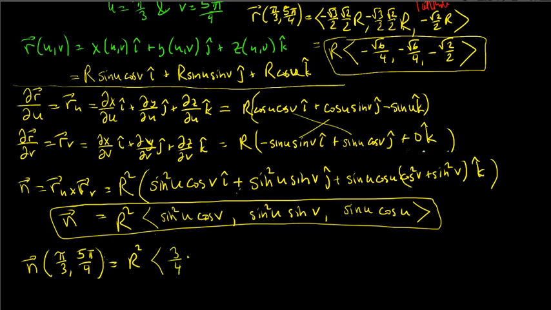Cosine of 5 pi over 4 is, again, negative square root of 2 over 2. Right? And then sine squared of pi over 3, that's 3/4 again. Sine of 5 pi over 4 is also negative square root of 2 over 2. And then sine of u is square root of 3 over 2. Cosine of pi over 3 is 1/2, right? So times 1/2, no comma here.